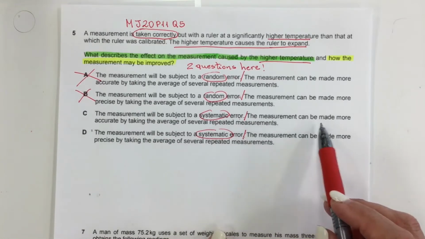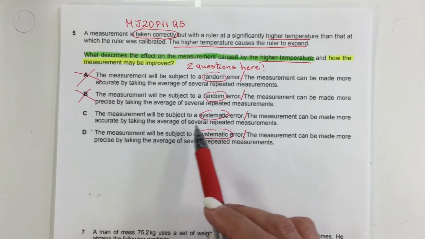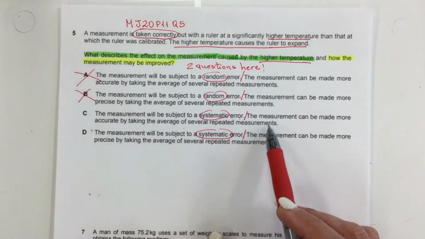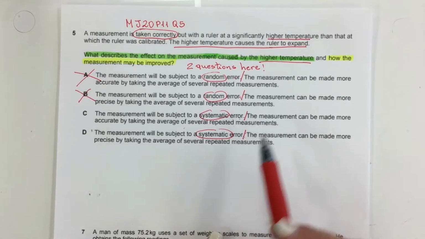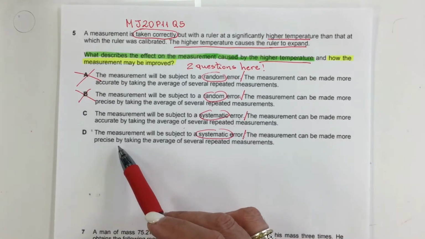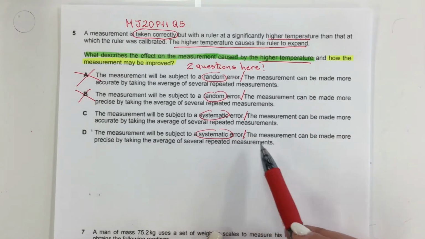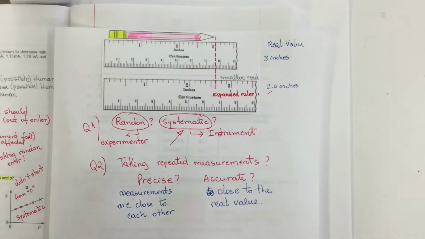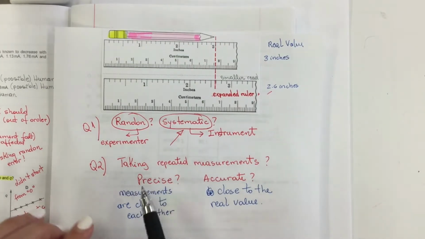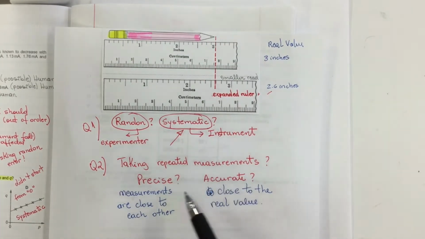Now let's take a look at the second answer. The measurement can be made more accurate by taking the average of several repeated measurements. Or the measurement can be made more precise by taking the average of several repeated measurements. Now let's try to answer the second question. Will taking repeated measurements make my result more precise or more accurate?